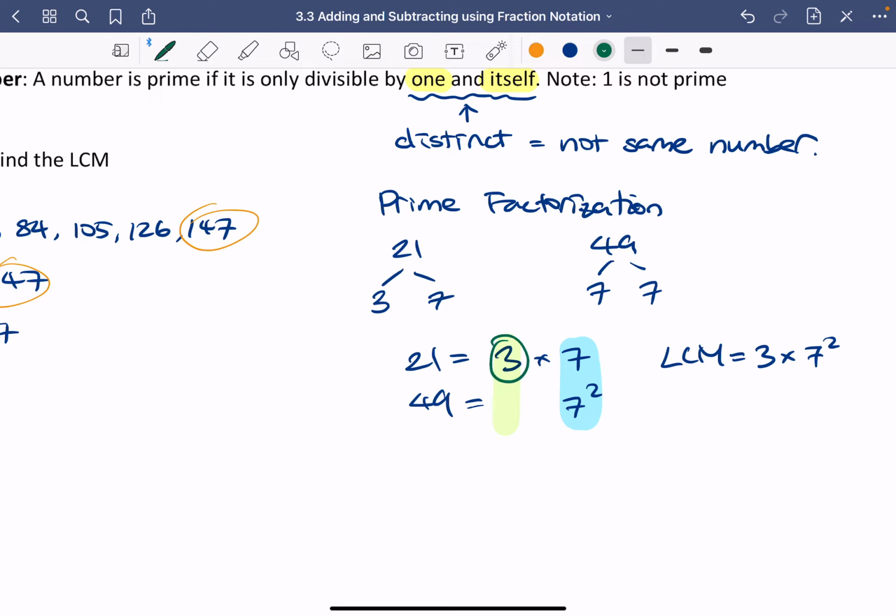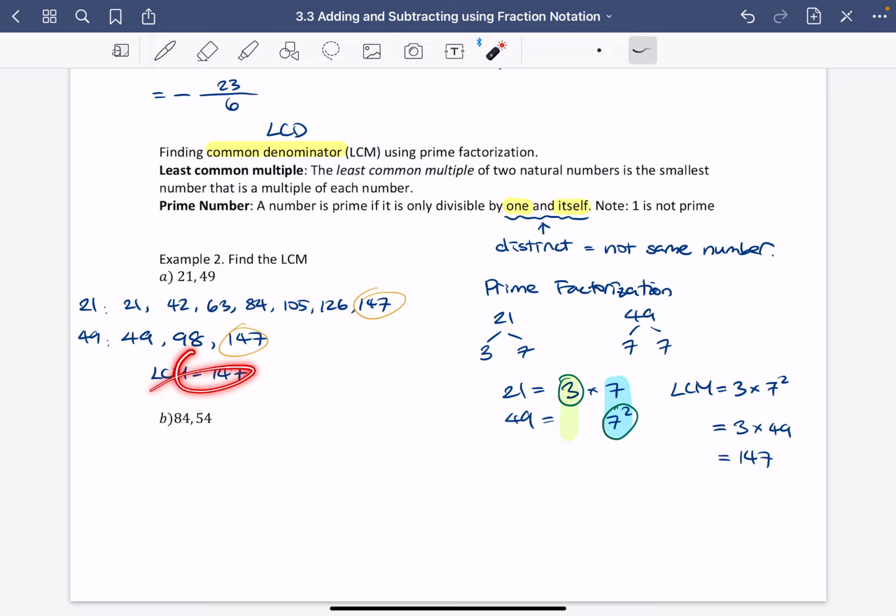We take the 3 because there's only one 3. And so your least common multiple is 3 times 49, which is 147. Same as the previous method.